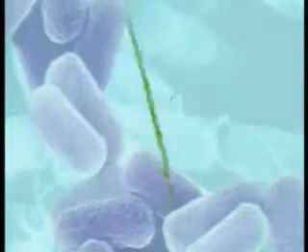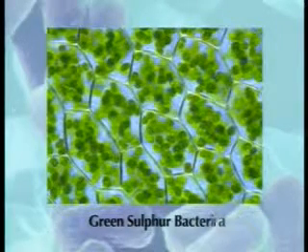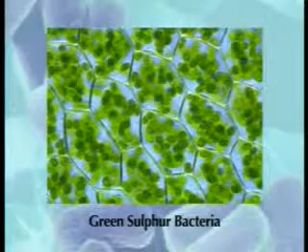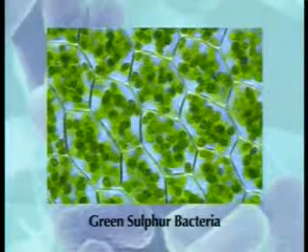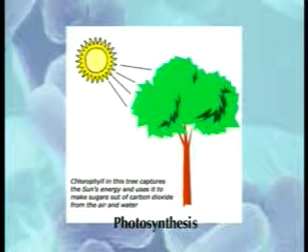Number 1, green sulfur bacteria. These are small, non-motile or rod-shaped bacteria which are strictly anaerobic photoautotrophs. Their photosynthetic pigment is chlorobium chlorophyll, which is located in the invagination of the cytoplasmic membrane.